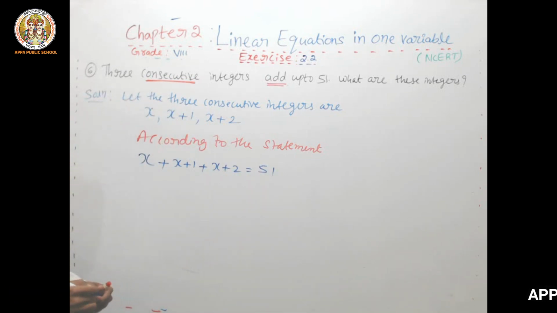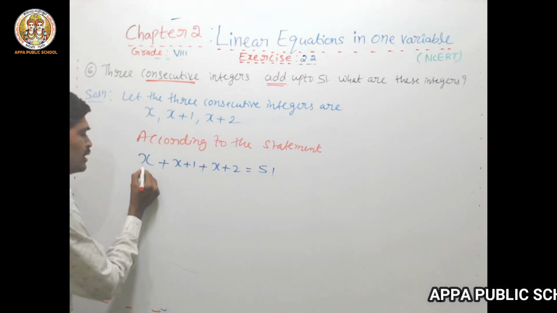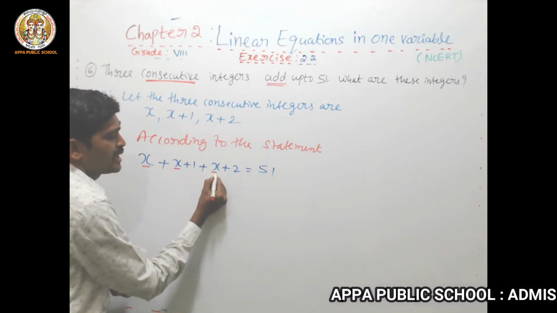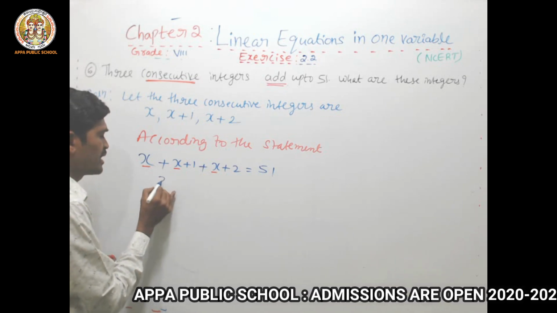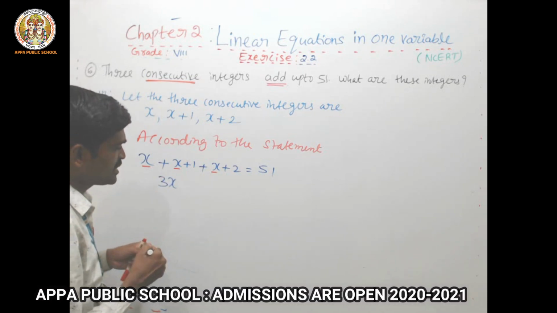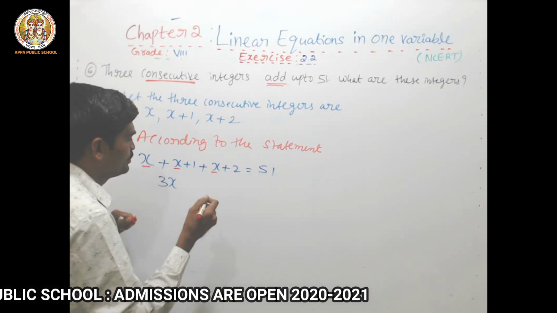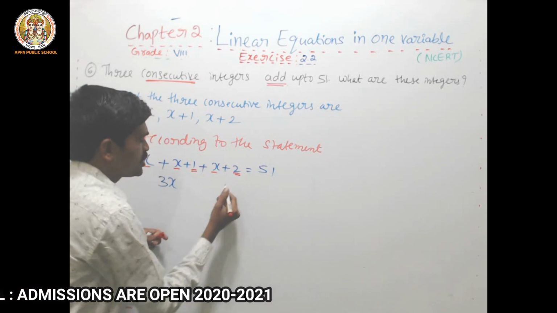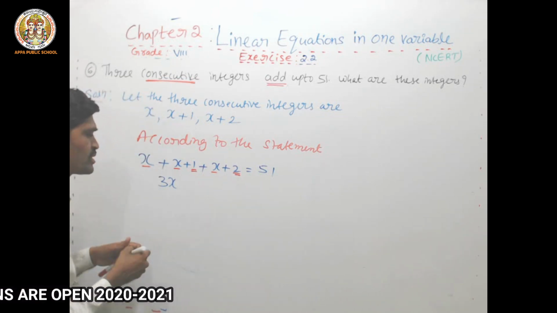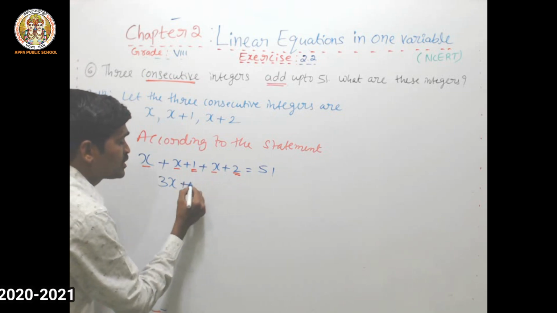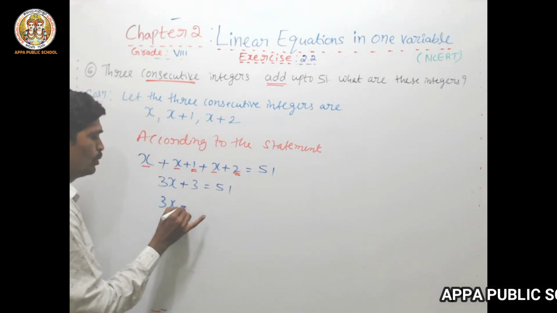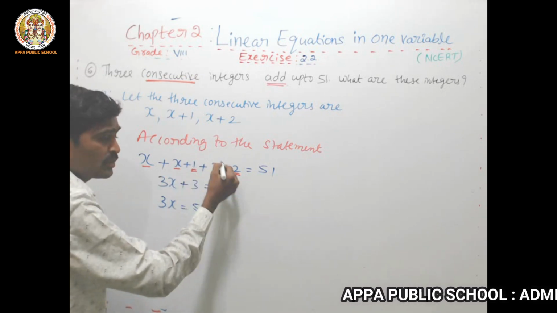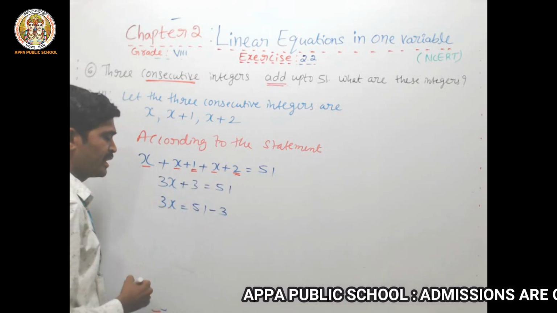See, my dear students, here like terms are there. Variable x, x, x. You can add easily, x plus x plus x, it will get 3x. Constant terms 1 plus 2 should be 3. That's why we have to write here 3x plus 3 is equal to 51. 3x is equal to 51, 3 transferring to RHS, that should be minus 3.